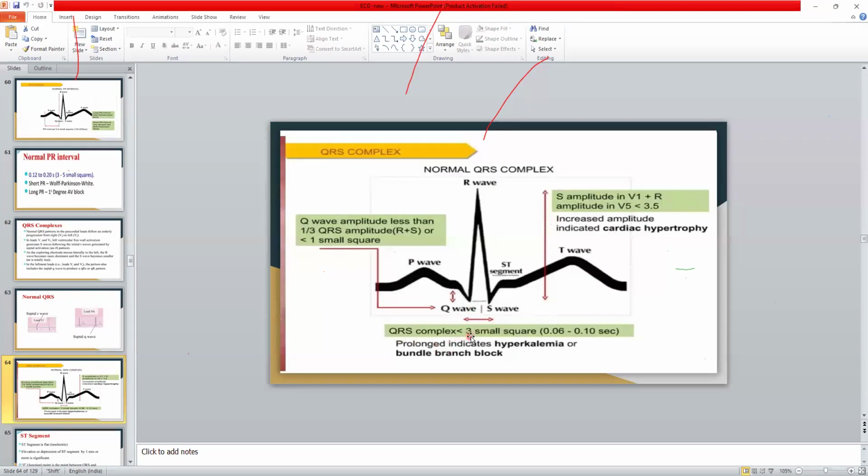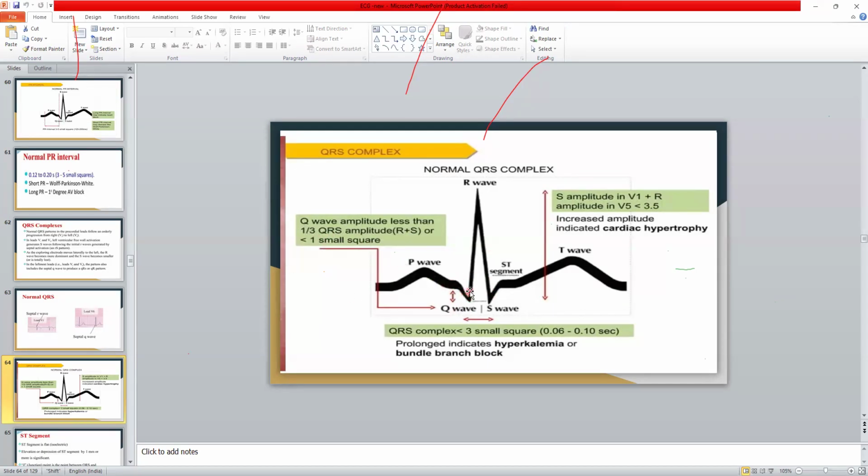The QRS complex duration, as I told you, is less than 3 small squares, that is 0.06 to 0.1 seconds. And the Q wave amplitude, this is the Q wave amplitude, should be less than 1/3 of the QRS complex amplitude, or less than 1 small square.